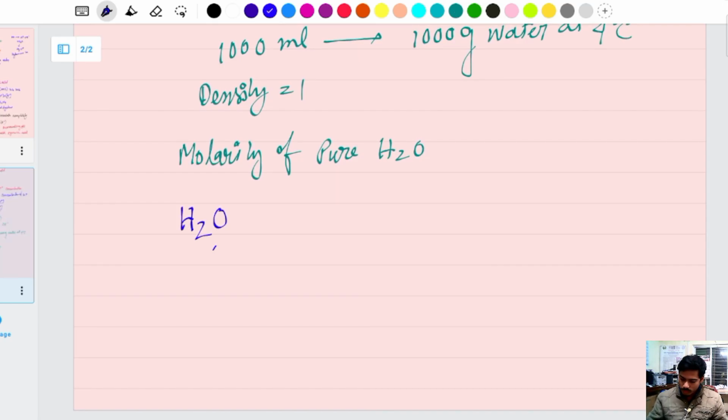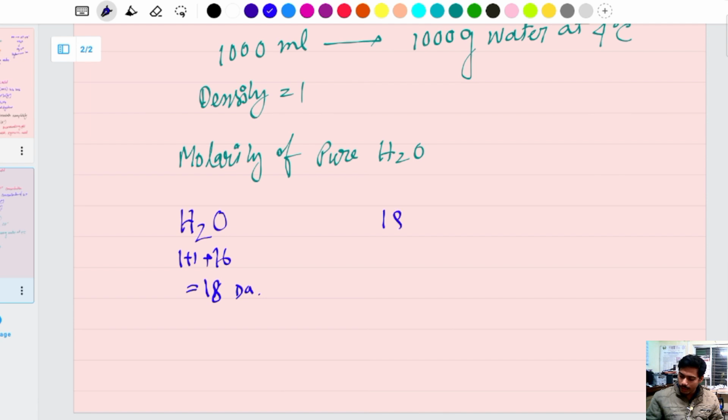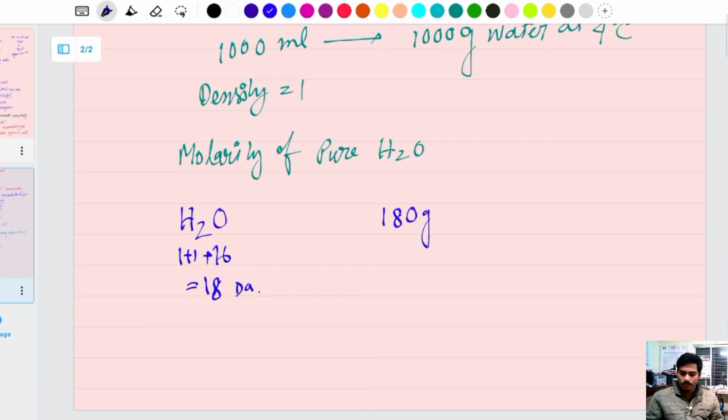H2O: oxygen 16, 1 plus 1 plus 16, it will be 18. So 18 Da, so 18 gram means 1 molar. 1 gram equals 1 by 18 molar.